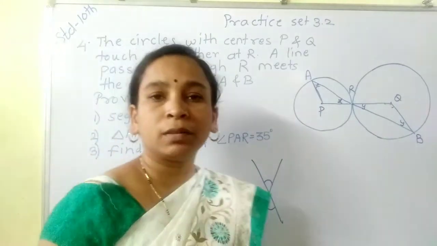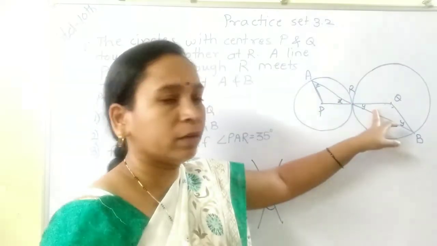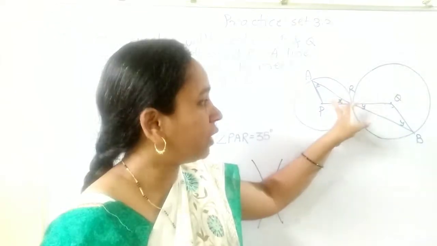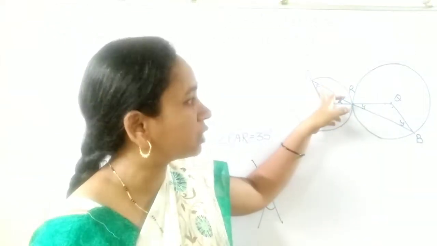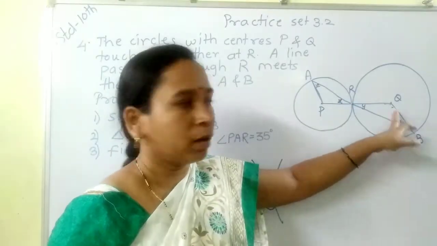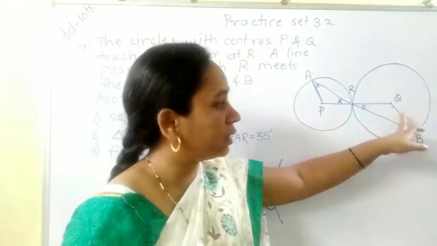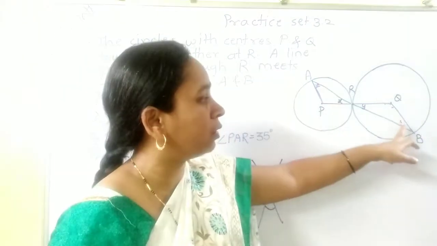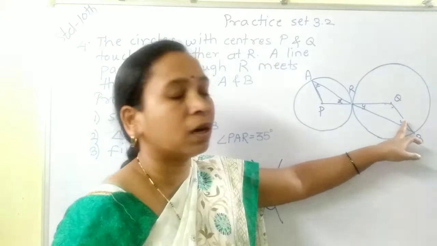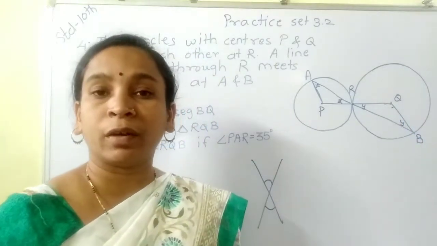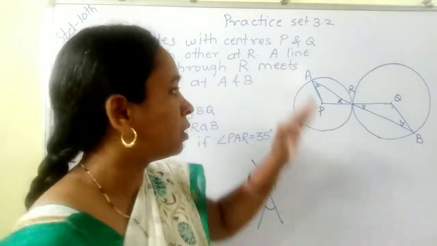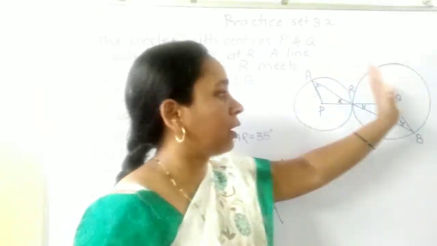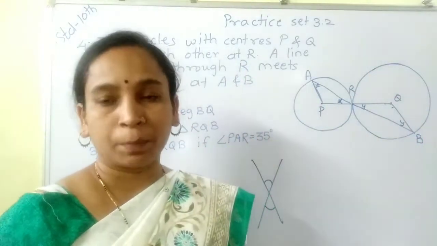Means x is congruent with y. So this x is also congruent with this y, and so they become alternate angles. Therefore, by the alternate angle test, the segments AP and QB would be parallel.